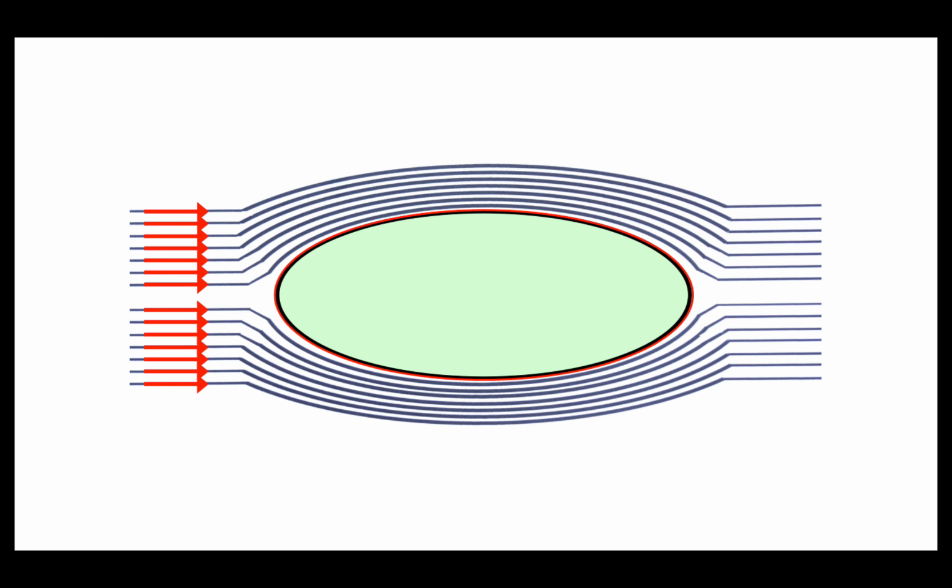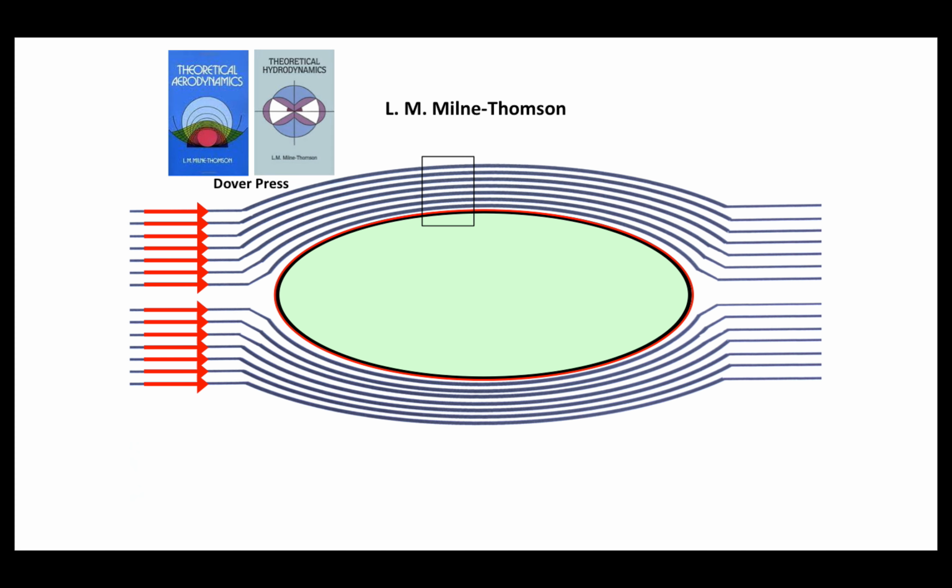This is a reasonable assumption because calculations show that there is very little penetration of the viscous layer into laminar flow. Without getting too technical, let's expand what's inside this box, and I'll show you the conclusions drawn by a British mathematician named Milton Thomson, who did a lot of studies on aerodynamics and hydrodynamics.